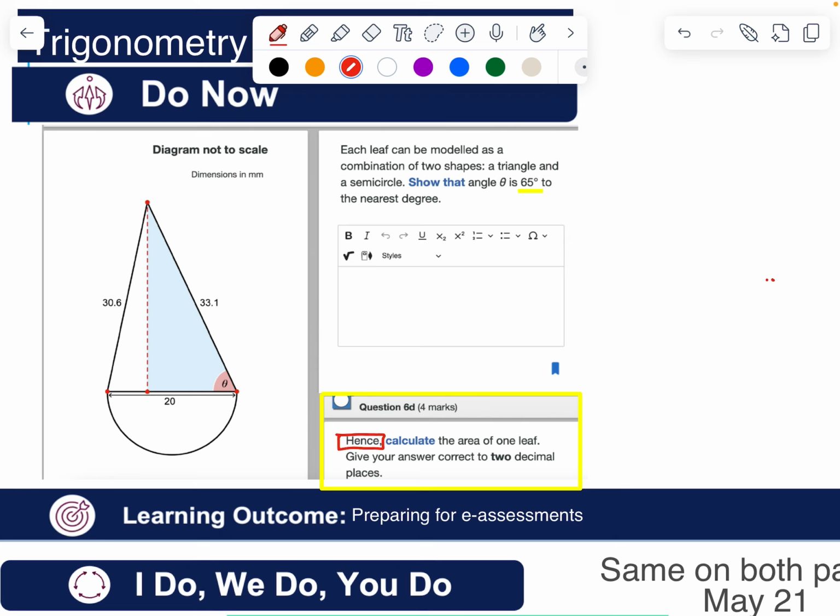When you see the word hence, that means you can use the information in the previous question. So even if you got the previous question wrong, you can still answer this question. They like to always give you a show-that question, so show me that this is the answer, because then if you can't, at least you can still use that answer in the next question.